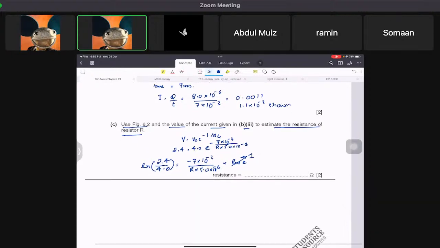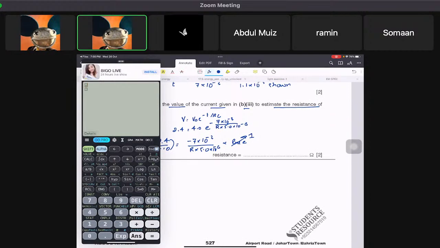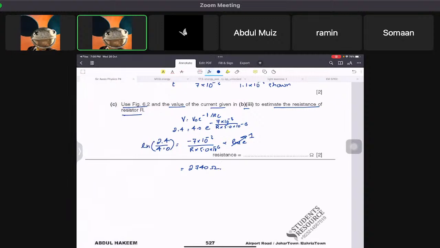Now what you're going to do is simply do minus 7 times 10 raised to power minus 3 divided by ln of 2.4 divided by 4, and then just multiply the whole thing with 5.0 times 10 raised to power minus 6. So that's around basically 2740 ohms, and that would be the resistance. Do you guys understand this?